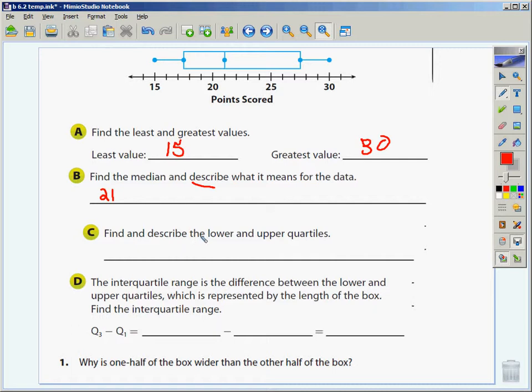Well, what does that 21 points represent? What does it tell you? Half of the people scored what? Half the people scored 21 or more. Half the people also what? Scored 21 or less.